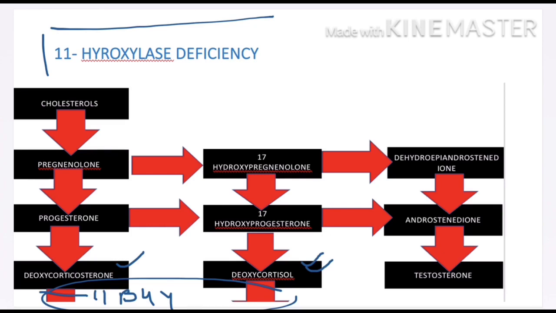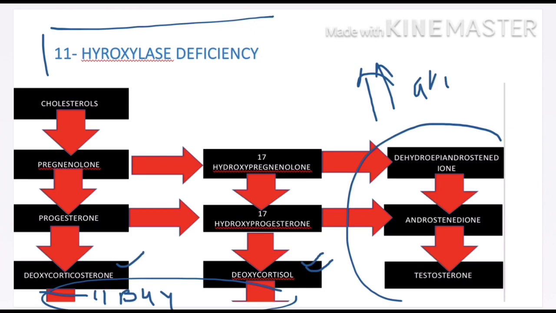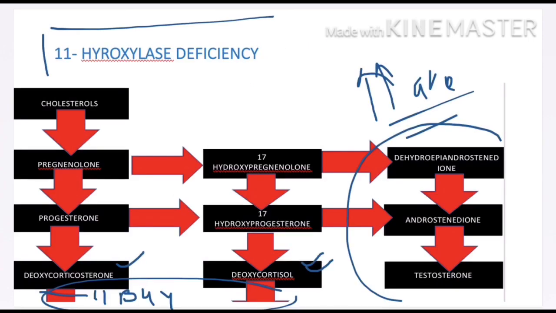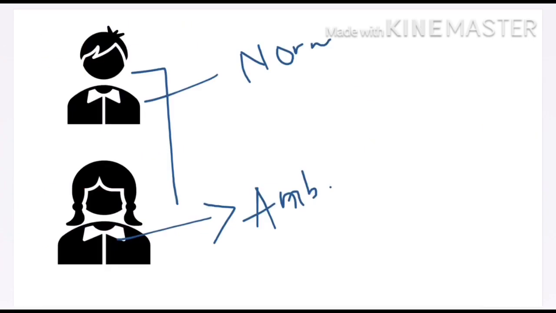So all this gets diverted here and there is excess androgen, increased androgen. Okay, so if there is excess androgen, we have female with ambiguous genitalia, male usually normal at birth.